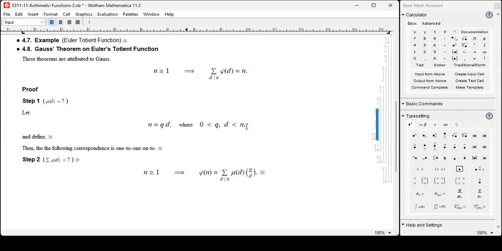We begin with this decomposition. n is q times d, where q and d are between 0 and n. Yeah, that makes a lot of sense because basically what we want is the sum of all phi of d for all positive divisors of n. So we want n is something times d and something, well, I'm using q for quotient.